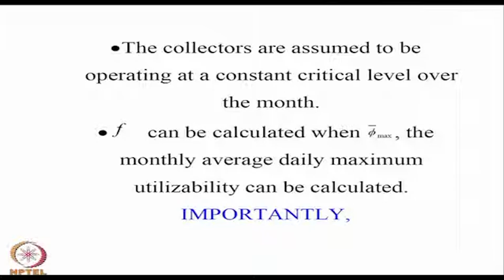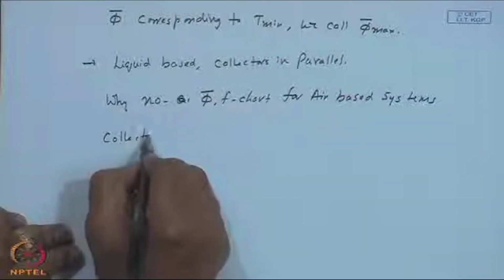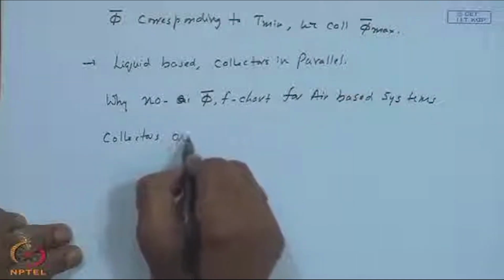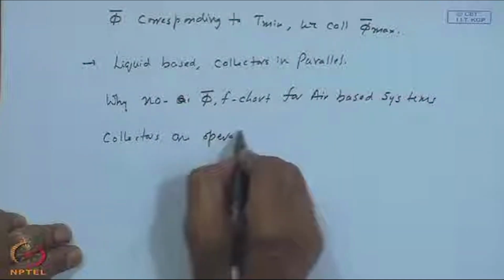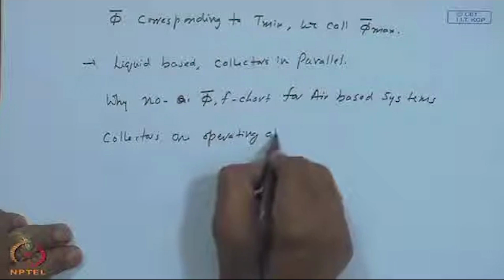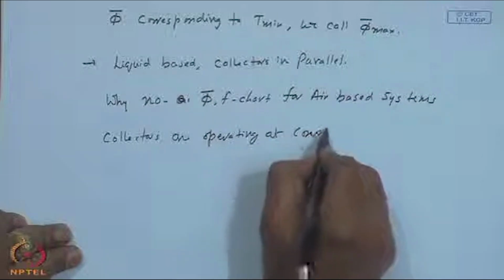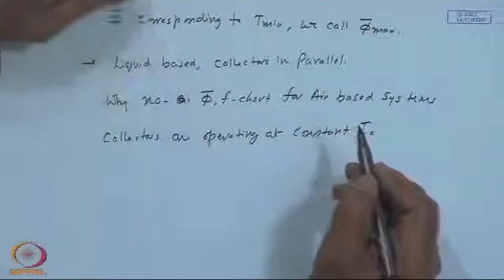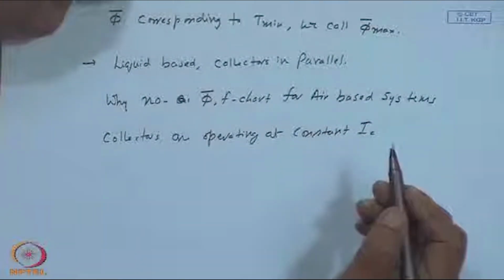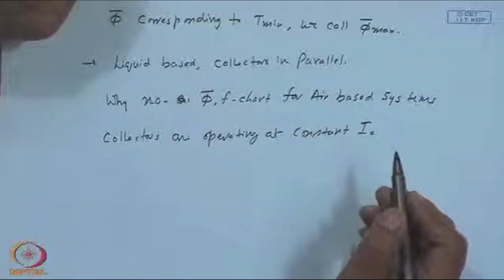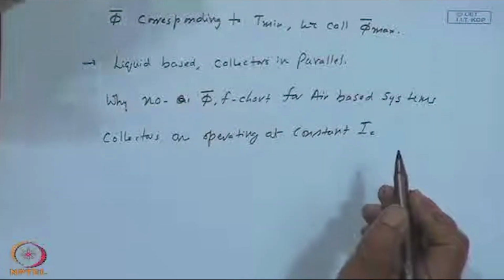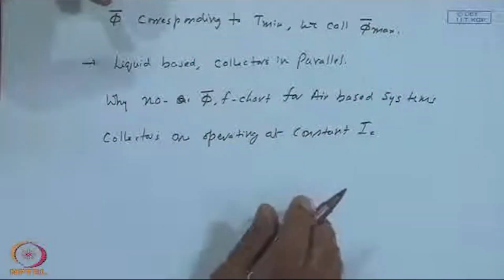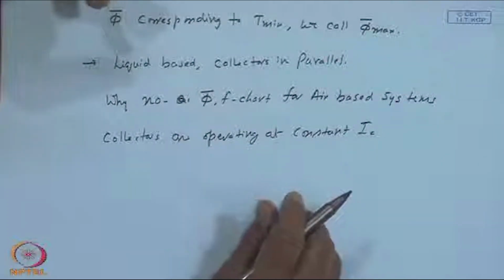And collectors are operating at constant IC. The average may be very much all right, and as I have said, IC may be changing from IC 1 to IC 2. Simply, if the ambient temperature average is let us say 15 degrees C, you may have the minimum to be 12 and maximum to be 18.